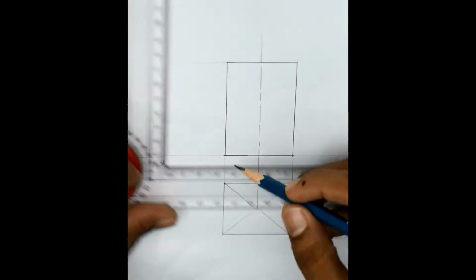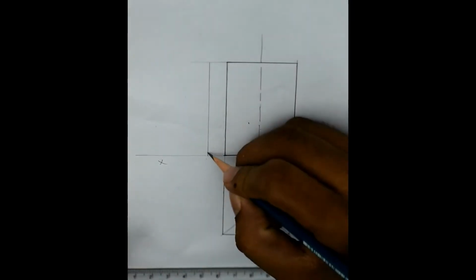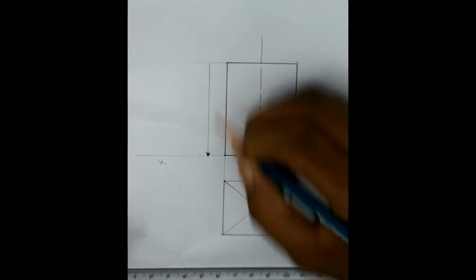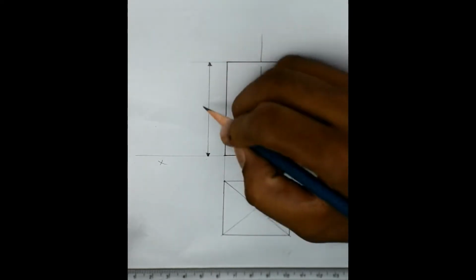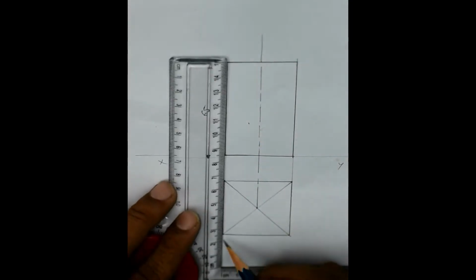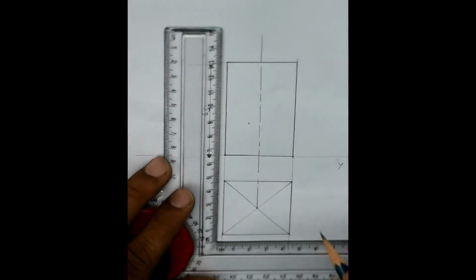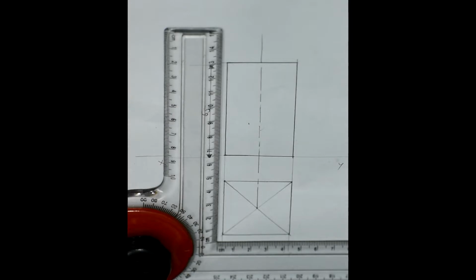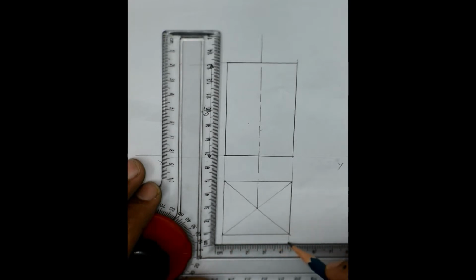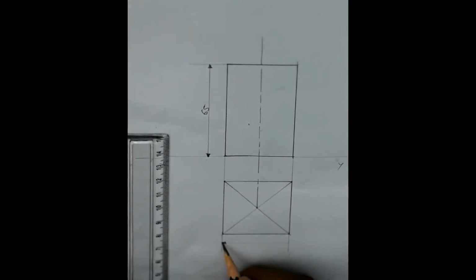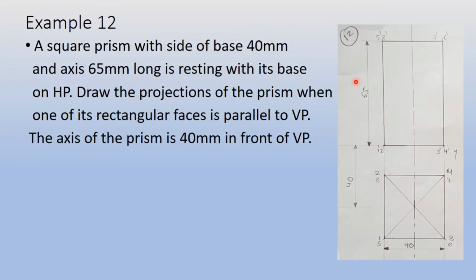And as for the dimensioning part, so this is the final solution of your square prism standing directly on the horizontal plane.